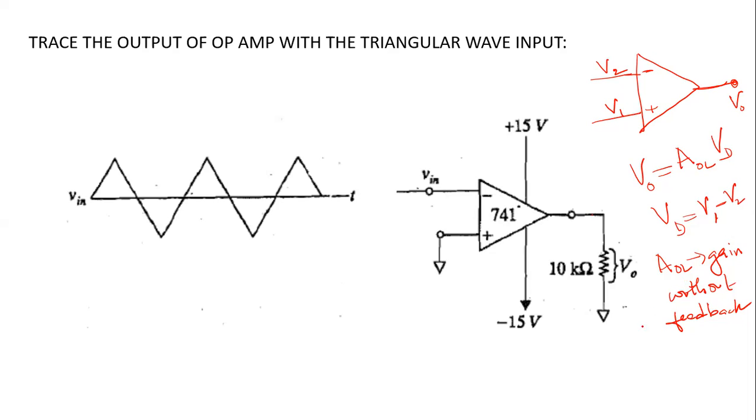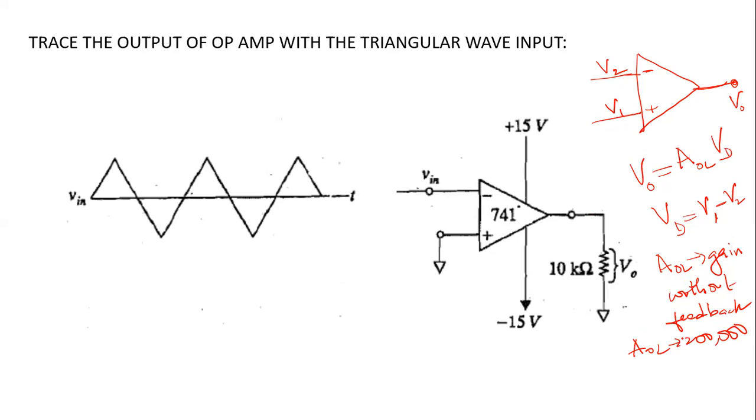So for standard IC 741, your AOL is 200,000. I think we have discussed this, but I want to repeat it once again. I want every one of you to be very clear on this idea. Now, for ideal op-amp, open loop gain is infinity.